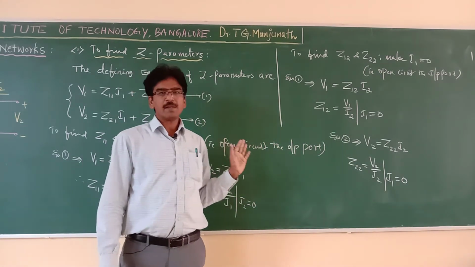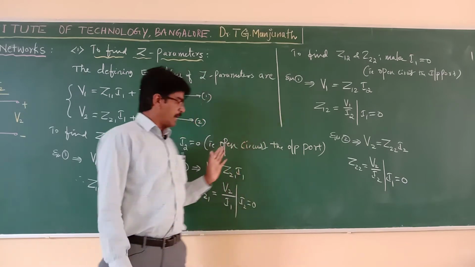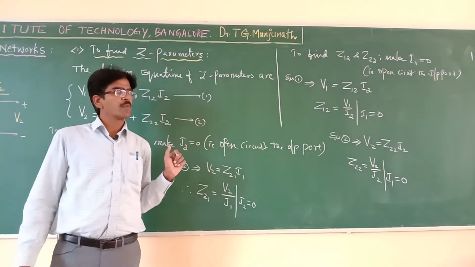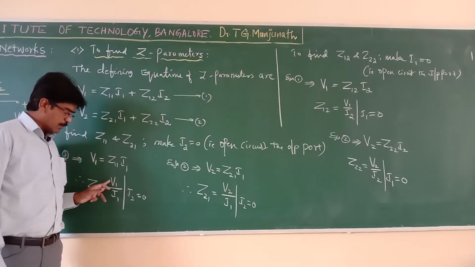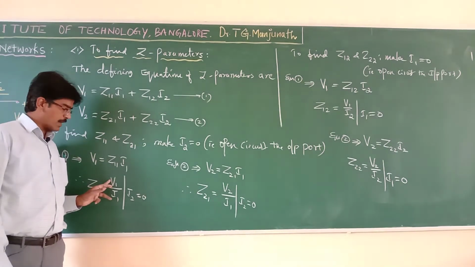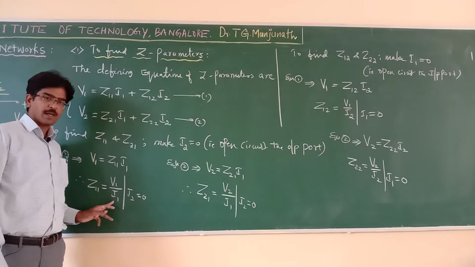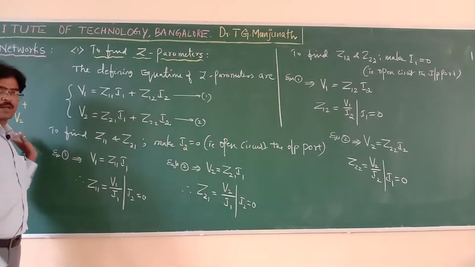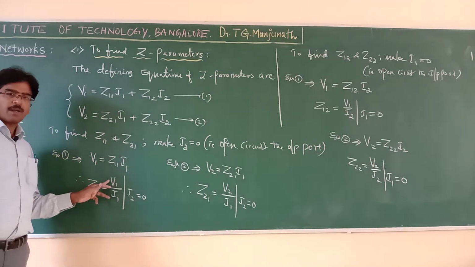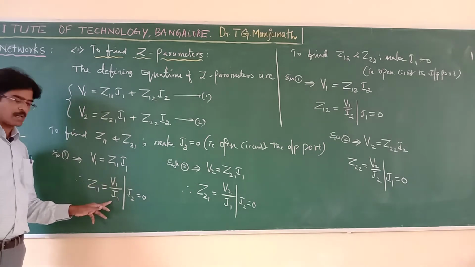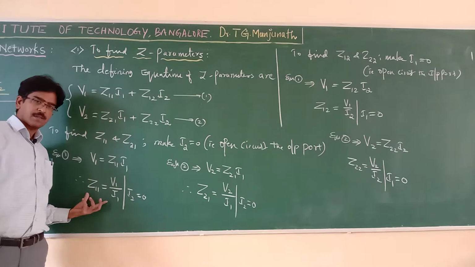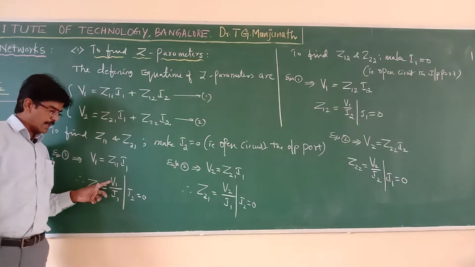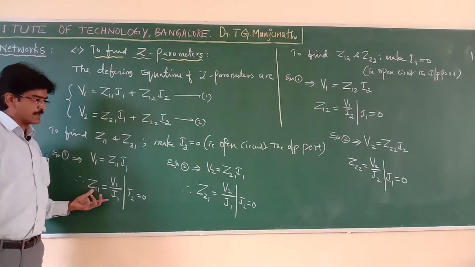V by I means it is impedance. So all are impedances only. But what impedance is it? V1 is the input voltage, and I1 is the input current, because in this two-port network we have represented V1 as input voltage and I1 as input current. So input voltage by input current is the input impedance.